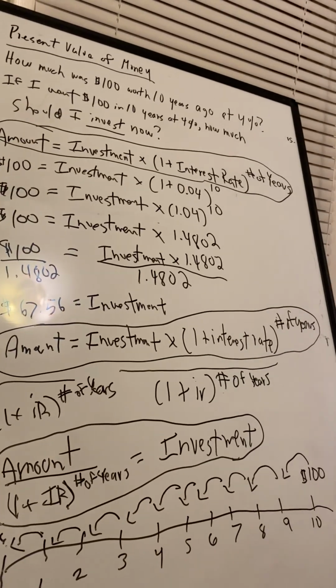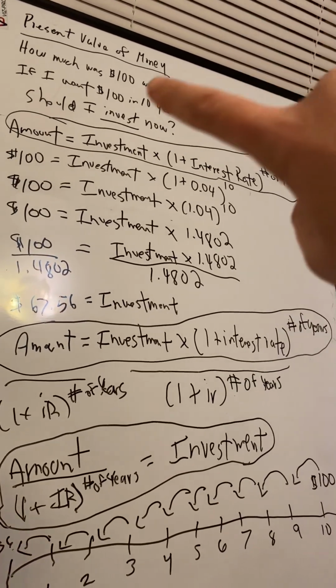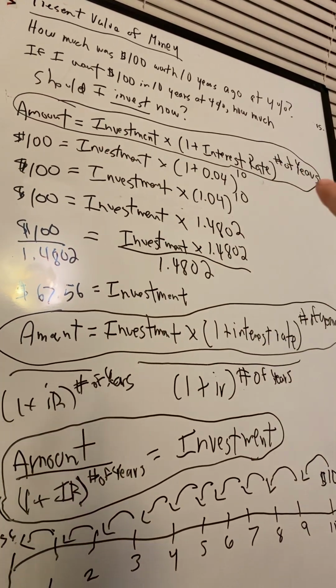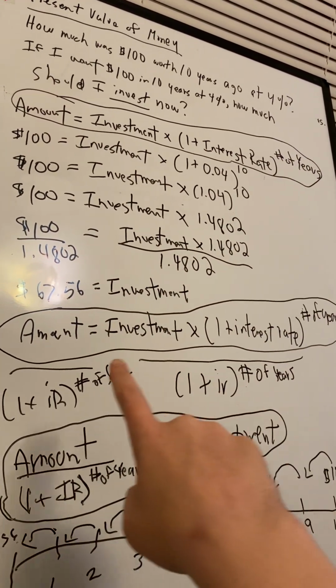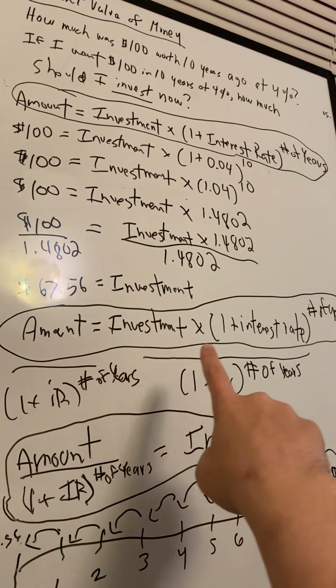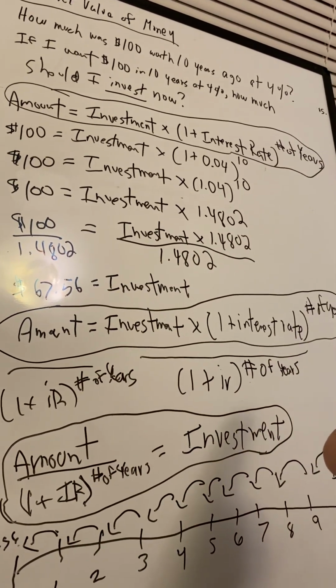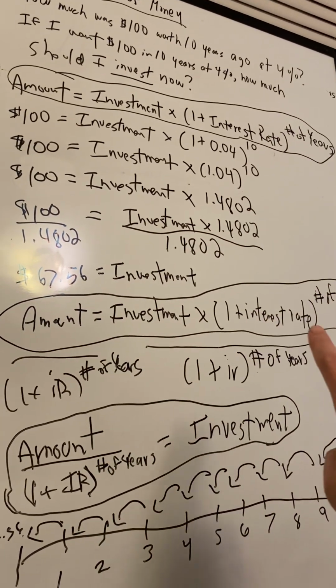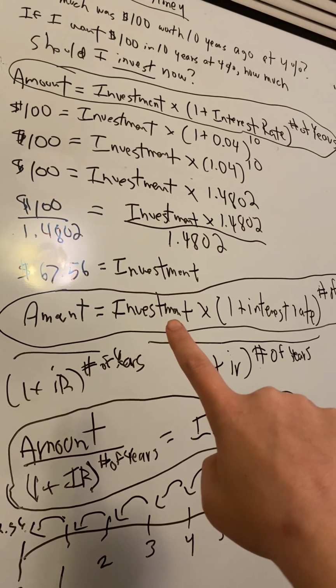So I circled the initial formula we had up top: amount equals investment times 1 plus the interest rate to the number of years. So I wrote the formula down again here. But to show you what we just did above, from here to here, really, we wanted to solve for the investment.